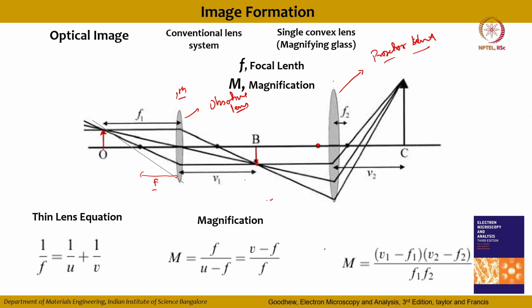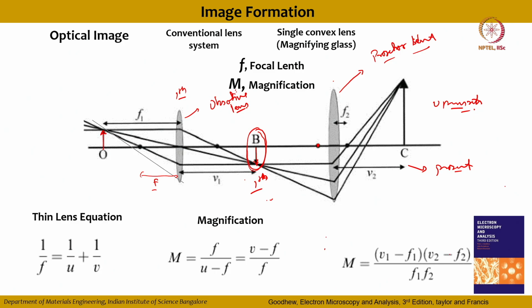The function of the objective lens is that it will provide an inverted image at B. And the importance of the projector lens is that it gives you an upright image of the image formed at B. So this is your first image, this is your projected image. So this will give you the upright image of the first image which is formed from the objective lens.